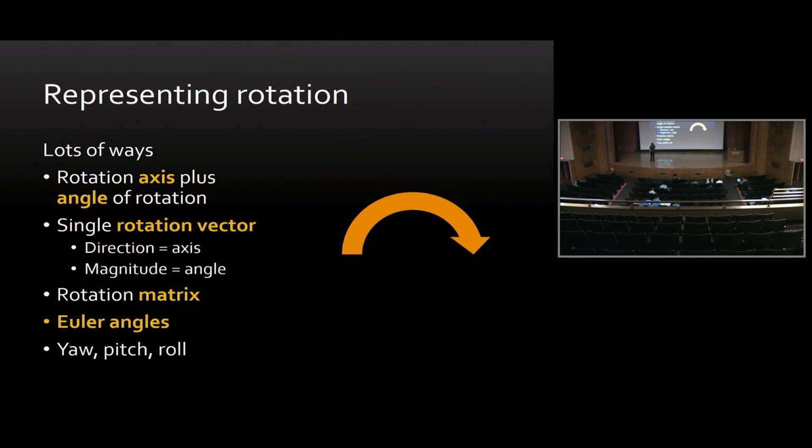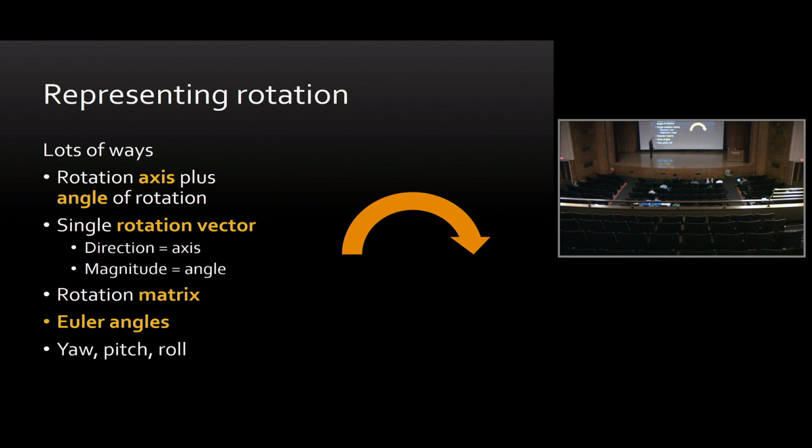So there are a lot of ways of representing rotations in 3 space. There's axis plus angle. Here's an axis I want to rotate around. Here's the number of degrees I want to rotate around it. That's the rotation I'm performing.